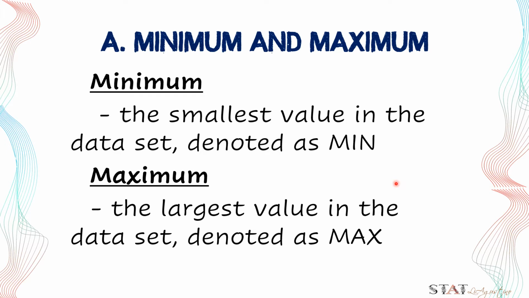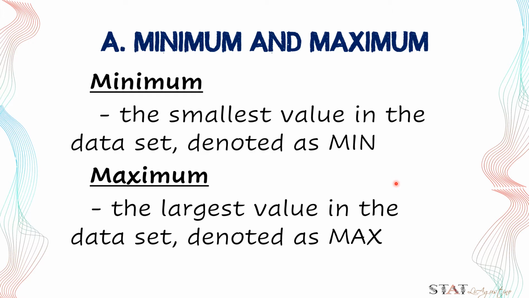So what are the minimum and maximum? The minimum, by definition, is the smallest value in the data set, denoted as MIN. And the maximum is the largest value in the data set, denoted as MAX. What's the use of this?